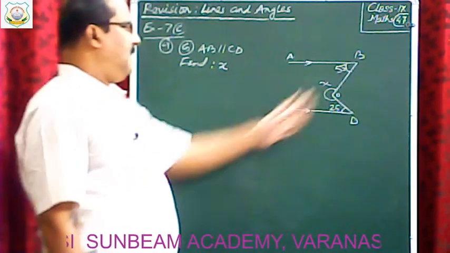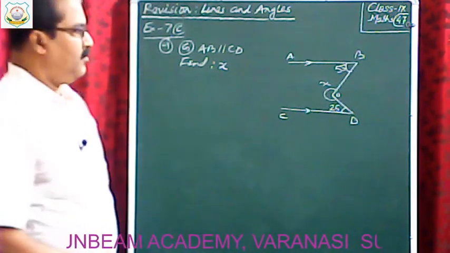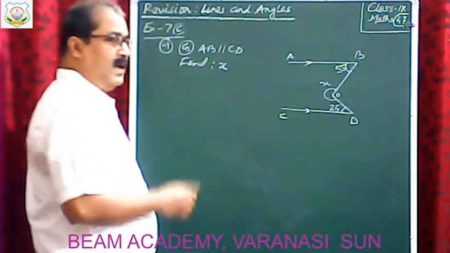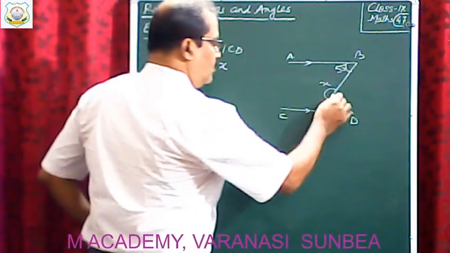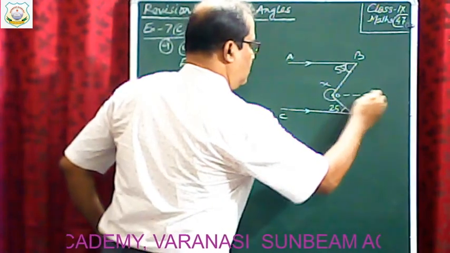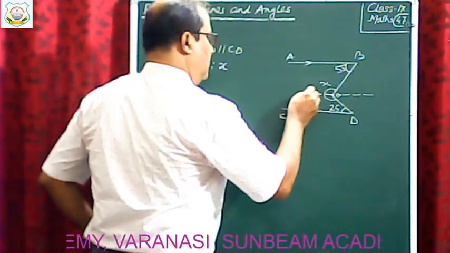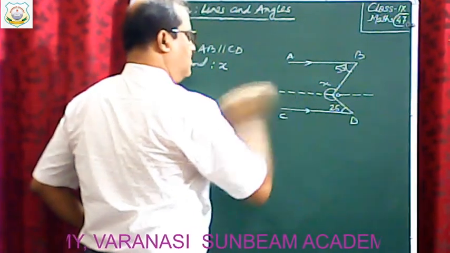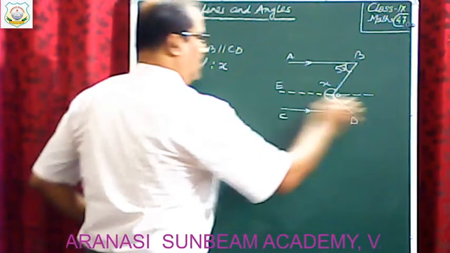We have 2 parallel lines, but transversal is not given. For that, you have to draw a line through O parallel to AB or CD. Suppose it is EF.